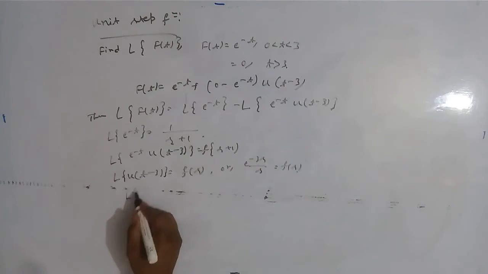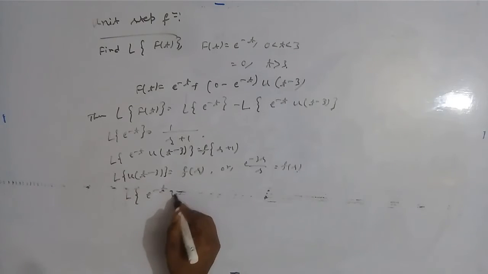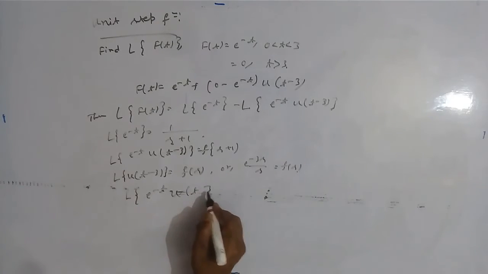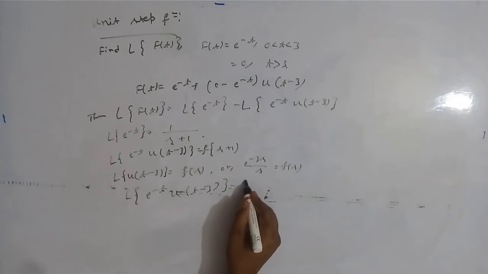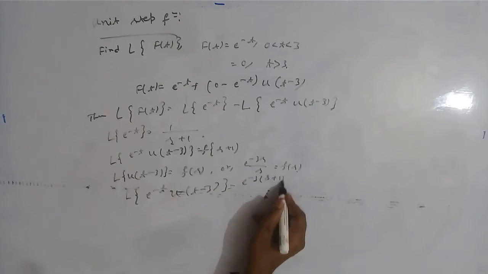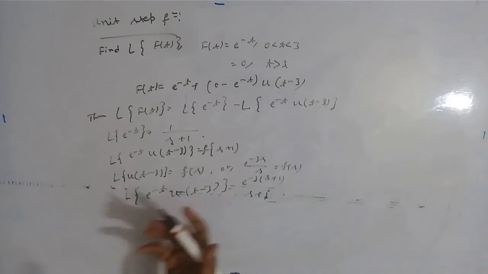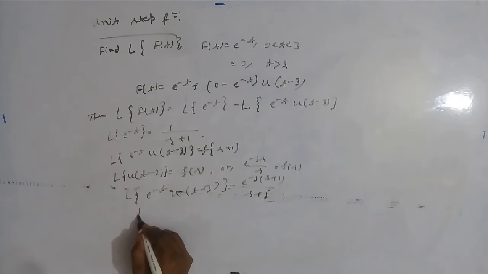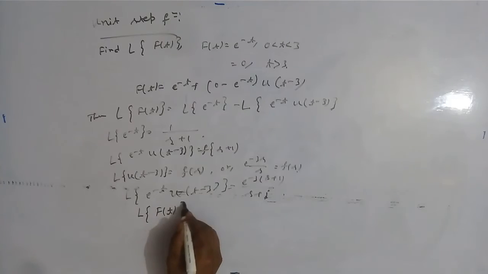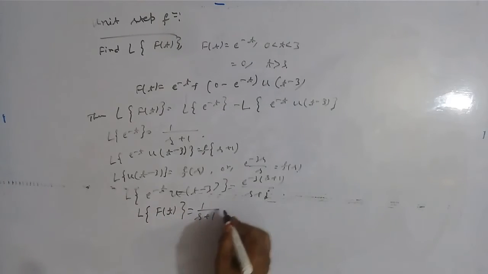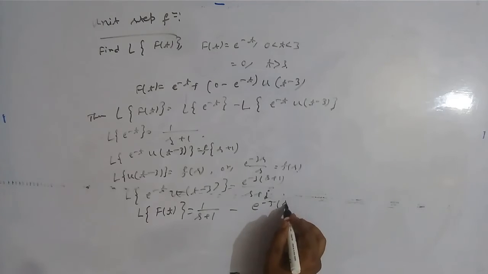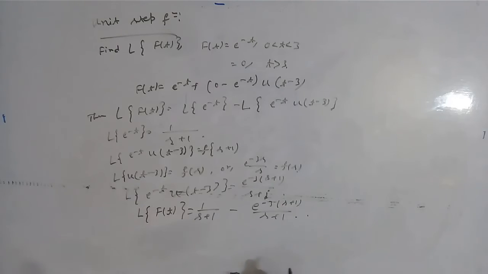So L of e to the power minus t u of t minus 3 is e to the power minus 3 into s plus 1 by s plus 1. So from the first equation we can write that L of f of t is 1 by s plus 1 minus e to the power minus 3 into s plus 1 by s plus 1. Okay. So this is our required result, Laplace transform of unit step function.